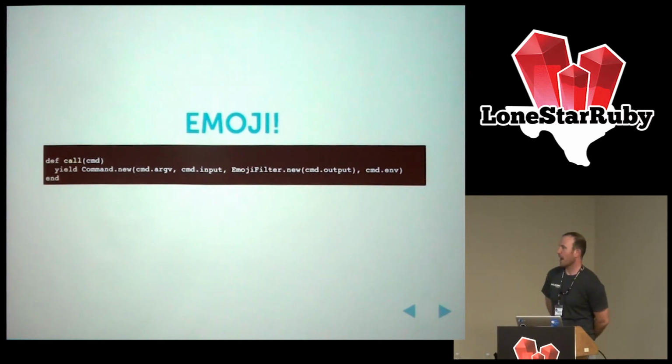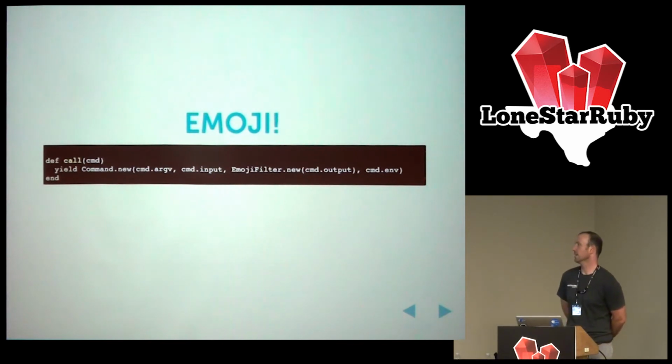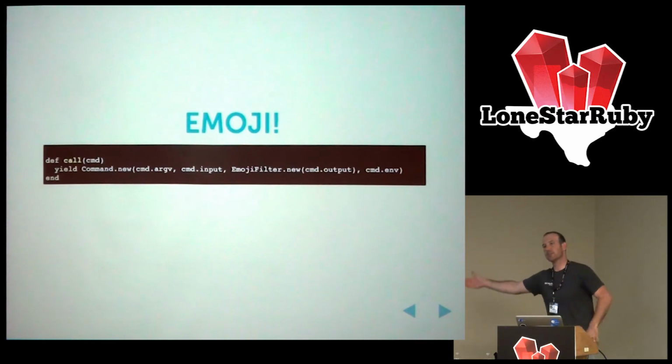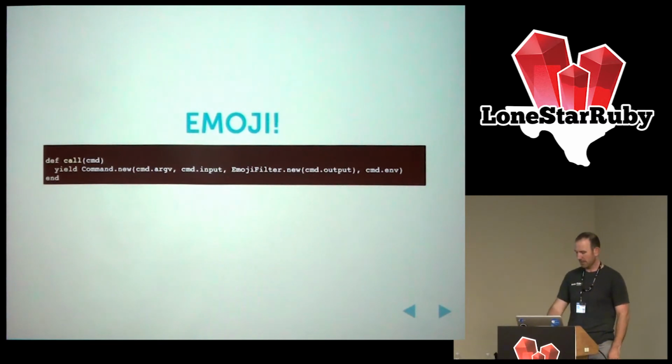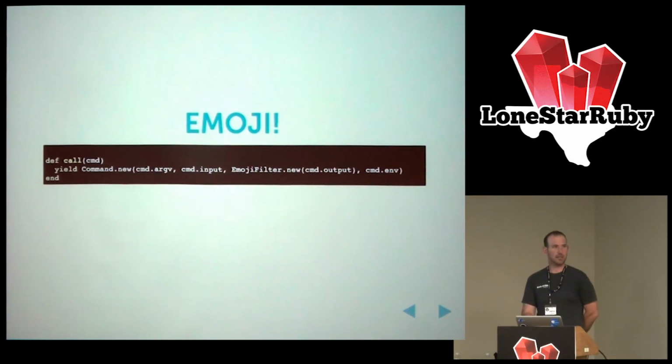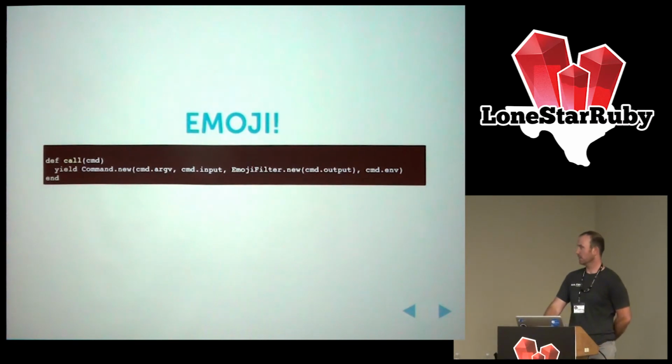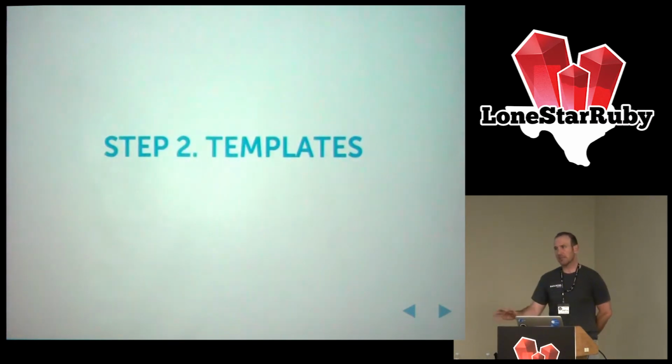You would wrap the command that you got in with exactly the same things, but you notice that the output now has this filter on it. So every middleware downstream has no idea that there's this filter on top of it. It can just generate the output and doesn't have to worry about it. And we can just assume that everything will go through this. But that's only one piece.